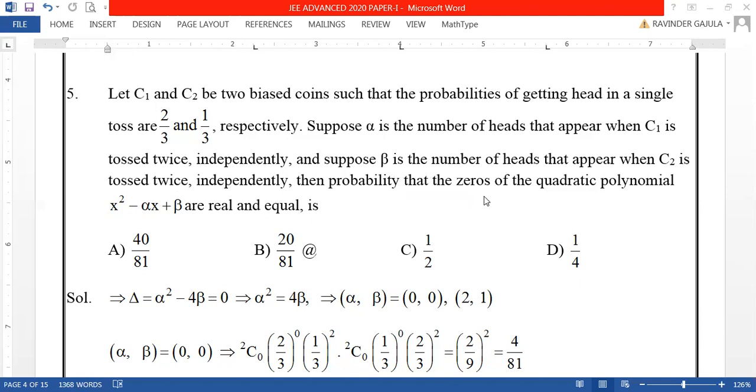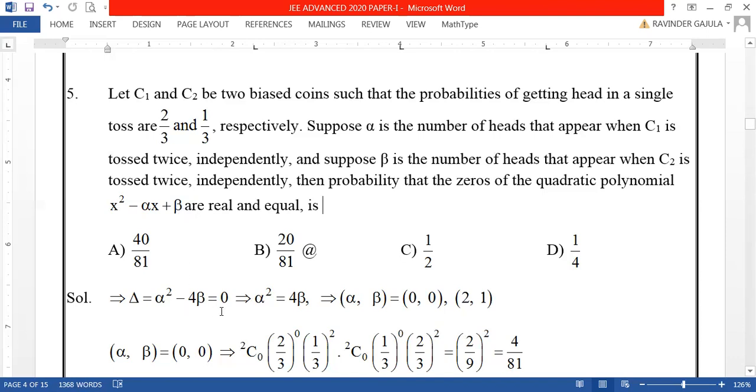Then the probability that the zeros of the quadratic polynomial x square minus alpha x plus beta are real and equal is? So this is also one interesting question, but not that difficult.